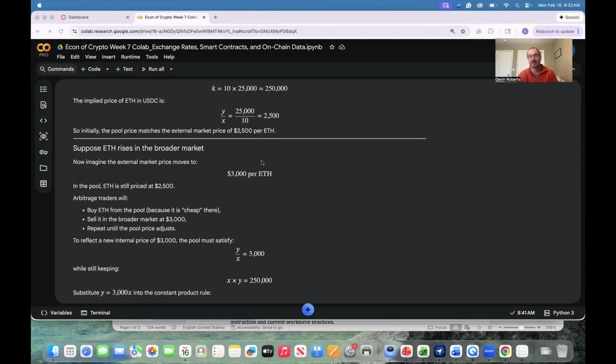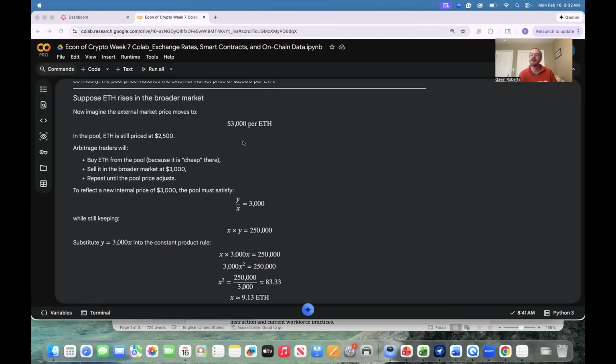And by the way, they're buying Ethereum from the pool, so they put US dollar coins in, which causes this number to increase. They take Ethereum out, which causes this number to decrease. Both of those lead this ratio to become bigger and go towards the market price of Ethereum of $3,000.